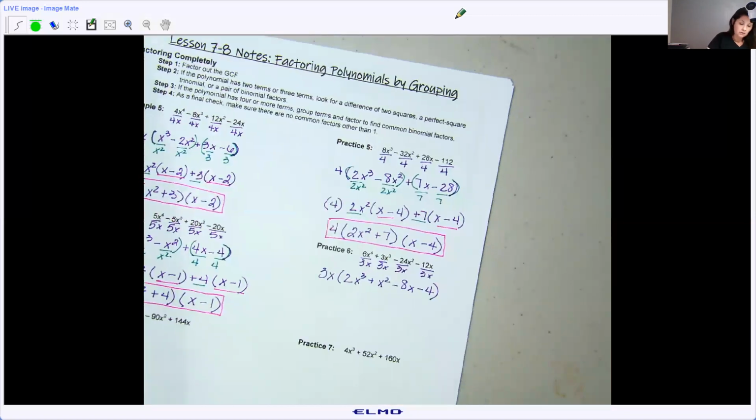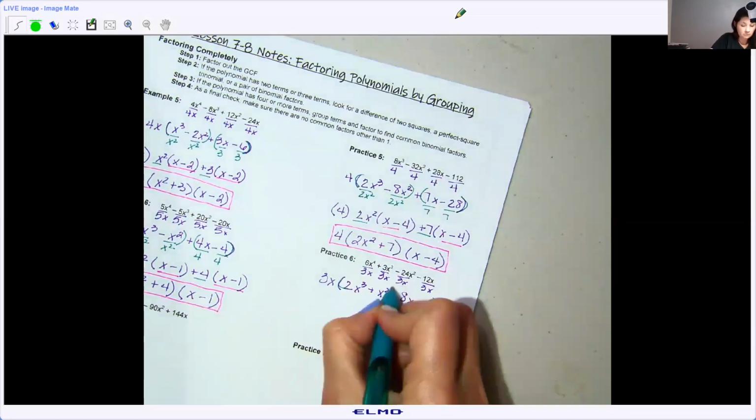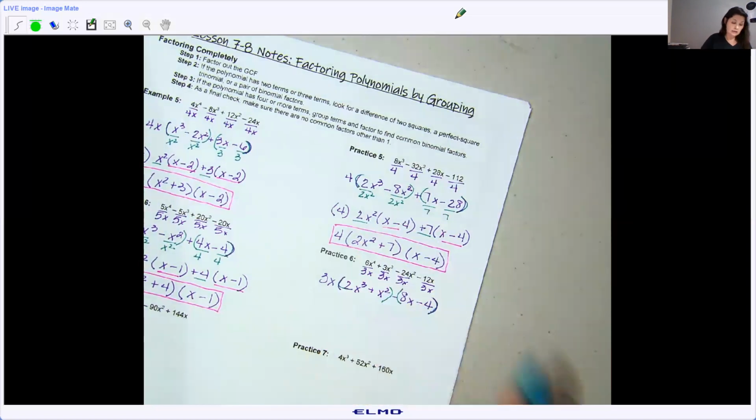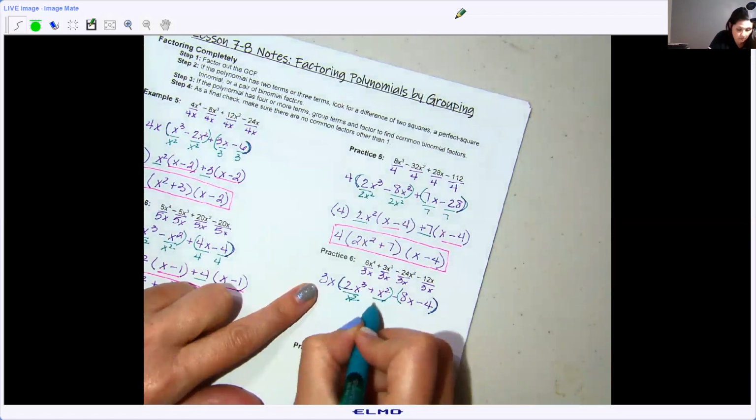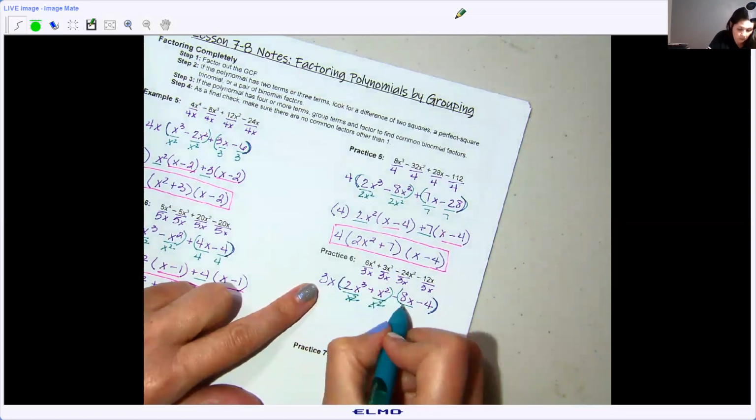Okay, separate these into two groups. And out of this one, I'm going to pull out an x squared. And out of this one, I'm going to pull out a negative 4.